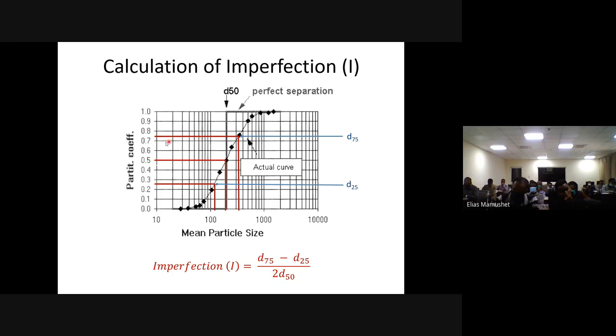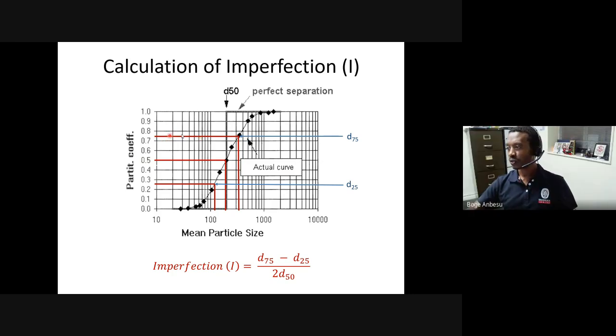D75 tells you the size at which 75% go to the coarse portion and 25% go to the fine portion. D25 tells you the size at which 25% of particles report to the coarse fraction, and obviously 75% report to the fine portion. Again, you can determine these from the curve.